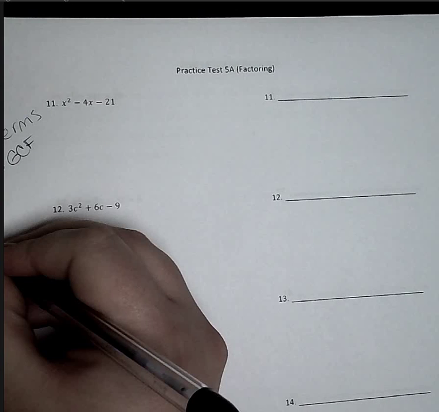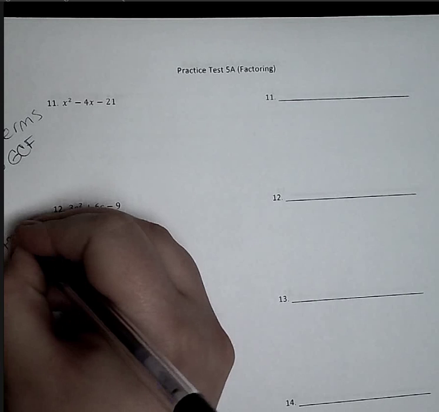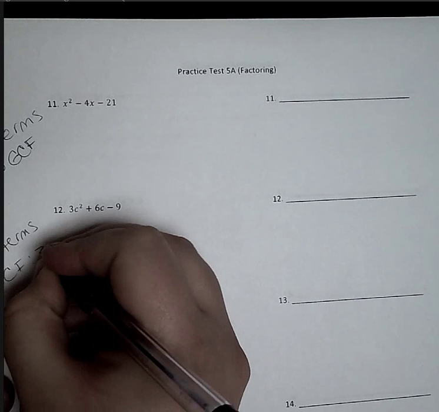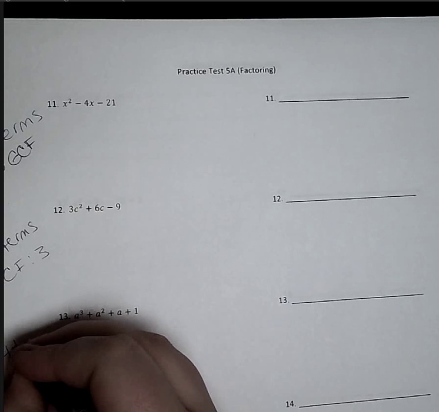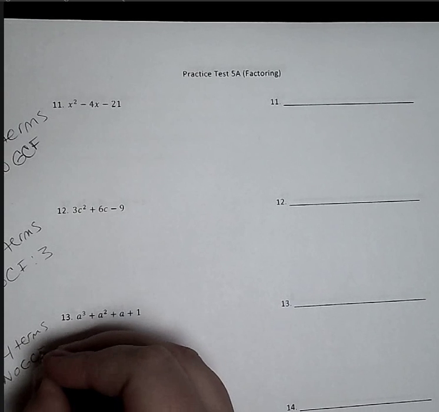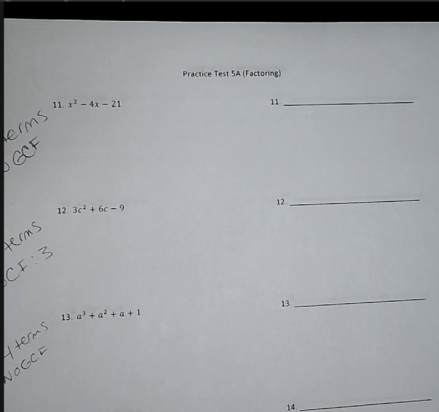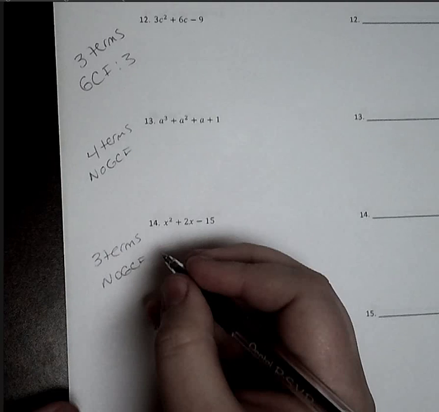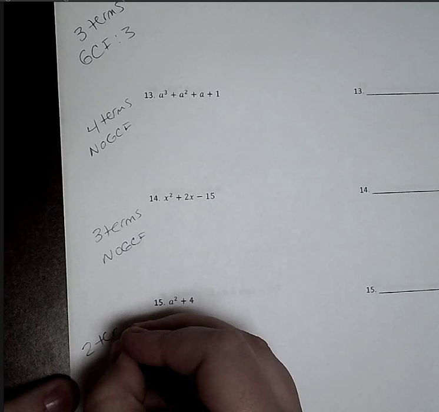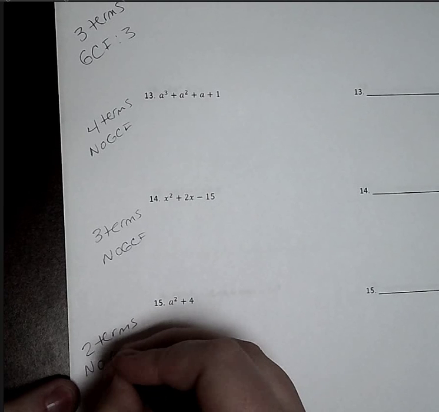Here we have 3 terms and a GCF of 3. Here we have 4 terms and no greatest common factor. 3 terms and no GCF. And then here we have 2 terms and no GCF.